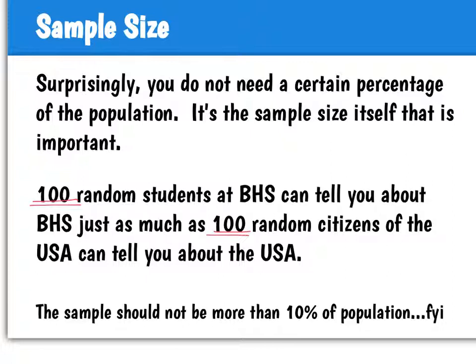It doesn't matter what the percentages are. It just matters that you get a large enough number. Okay, the key though, and you should know this by now, the sample should not be more than 10% of the population.